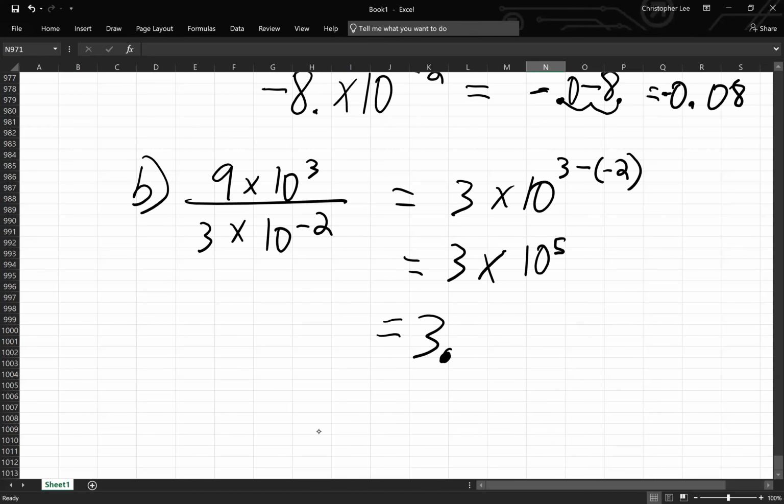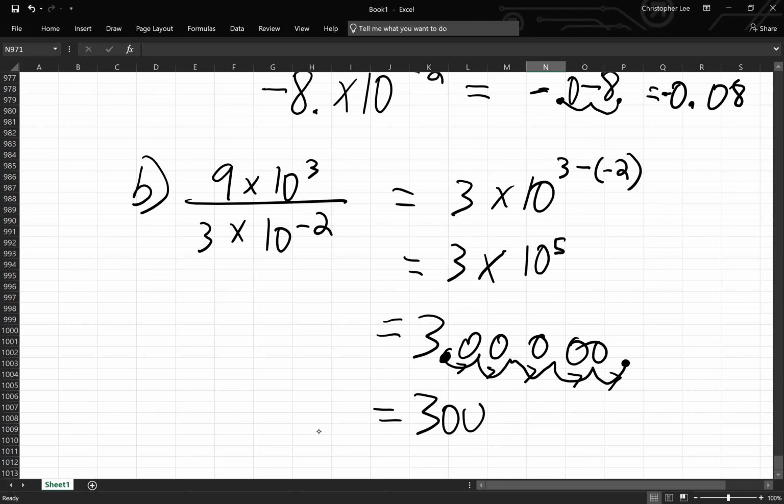Got to move that decimal place over 5. 1, 2, 3, 4, and 5. This is 0, 0, 0, 0, 0. So final answer, 300,000. Questions on that?